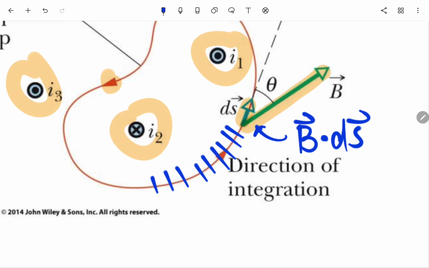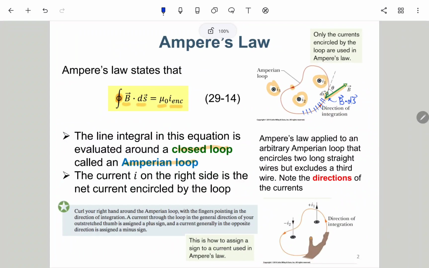For the whole Amperean loop, you have many scalars from this B dot ds, and then finally you add them together as an integral. We denote it as this. It is the left side: the sum of all these B dot ds added together.